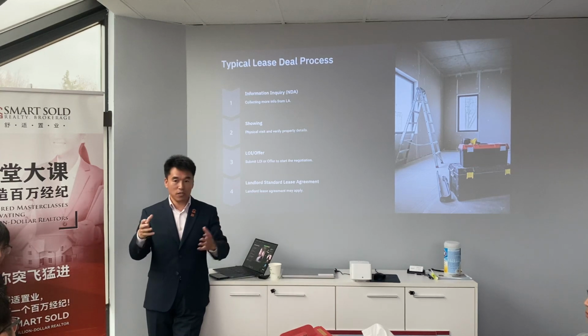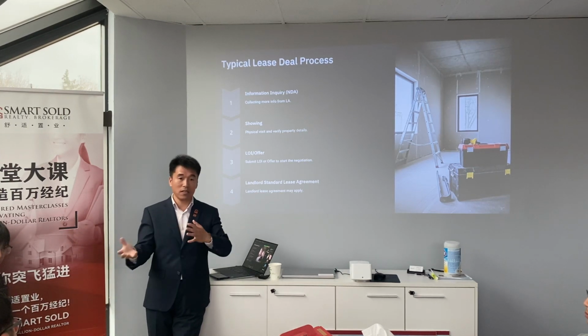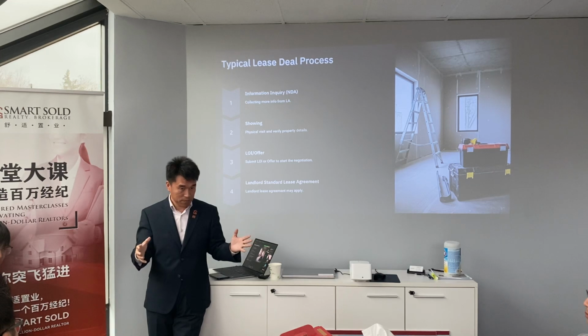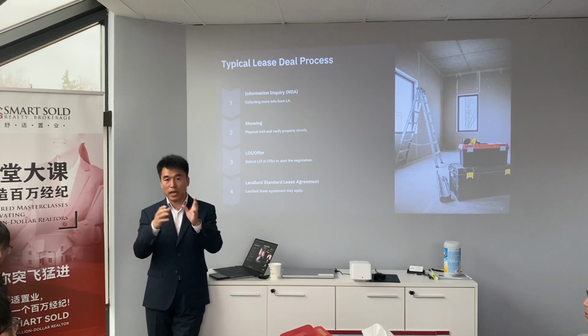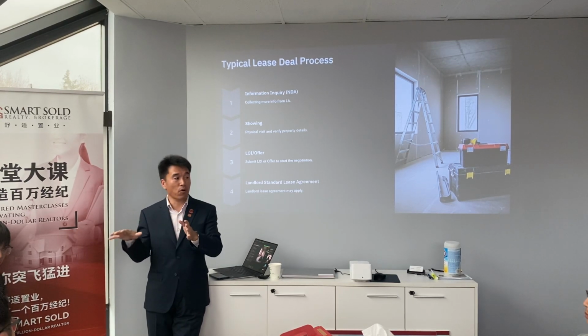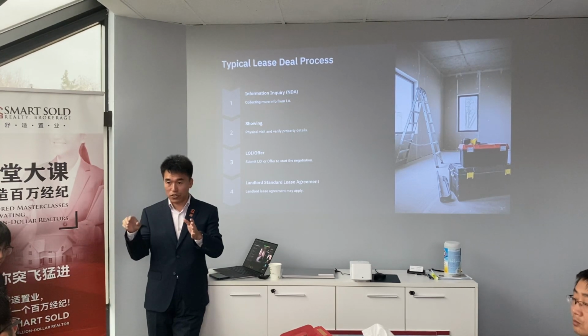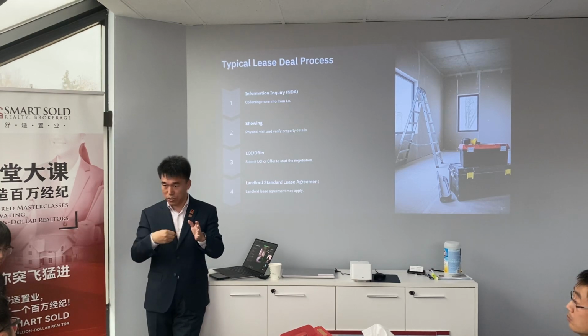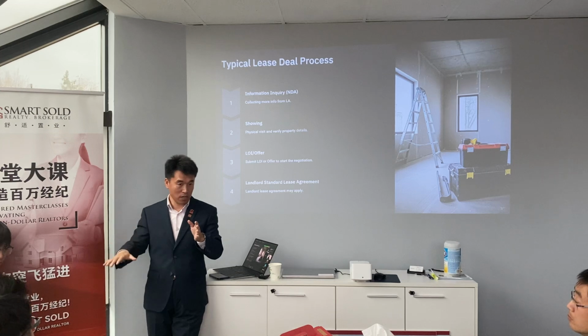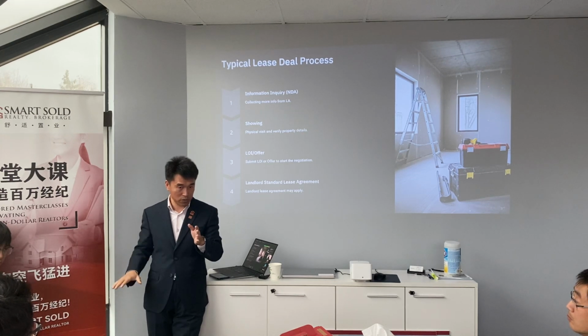And once people counter back and eventually accept it, then we can go to the next step to sign a formal offer. That offer is already after negotiation, so the numbers won't change at all. So you can just make a clean one with all the legal terms.